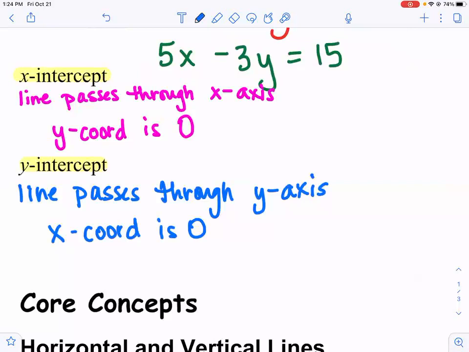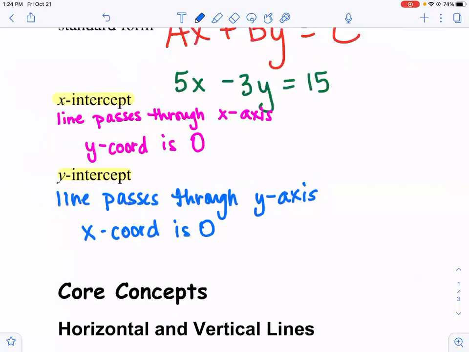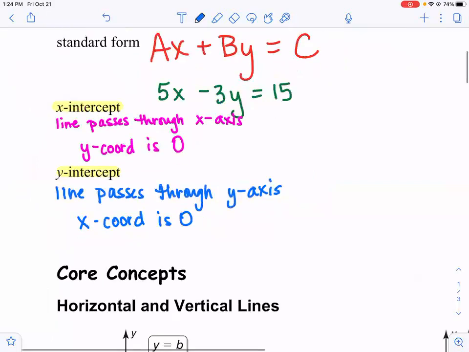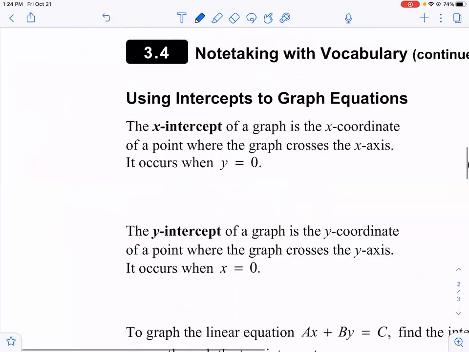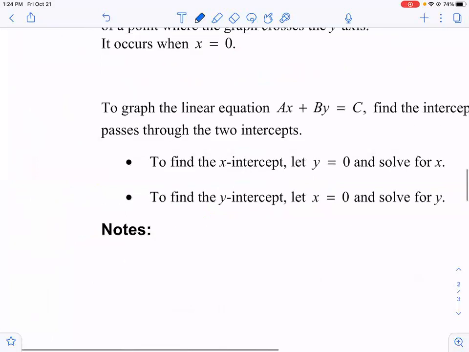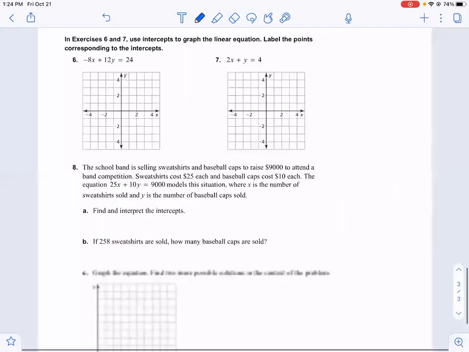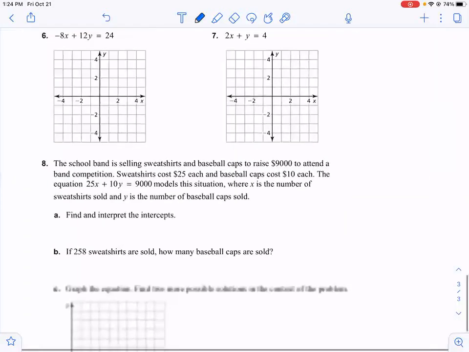So we're going to jump around a little bit, and I'm sorry, but I want to go right now to this page right here. We're going to go to number 6 on page 78.